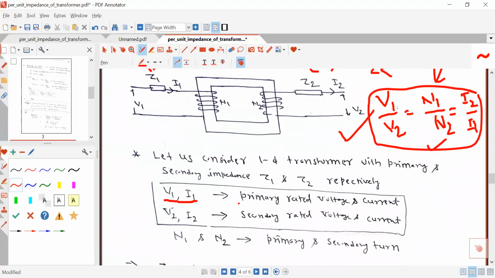Here V1, I1 is the rated value. You must remember it is a rated value, and V2, I2 is also a rated value of voltage and current, and N1 and N2 are the turns.